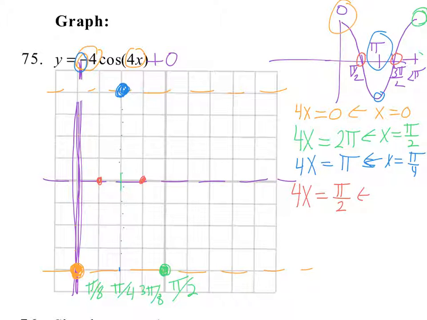When I divide by 4, a half divided by 4 is 1/8. We get x is equal to pi over 8. So that would give us that point as well. And again, you could set this other one up and do 4x is equal to 3 pi over 2. When I divide that by 4, in other words, multiply it by 1/4, I get x is equal to 3 pi over 8, this other point that we established.